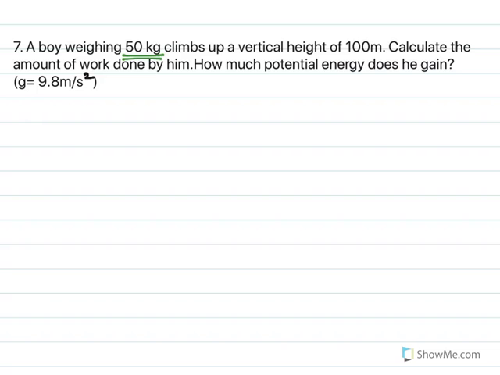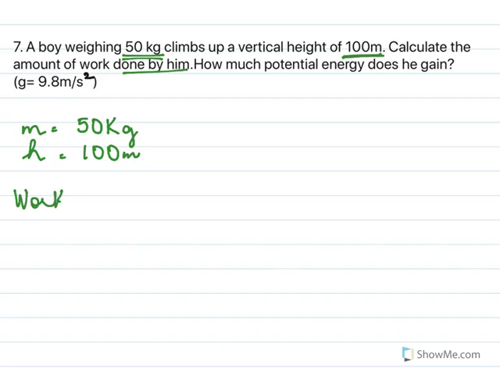A body weighing 50 kgs, so mass, a boy weighing 50 kg, this is the mass given, climbs up a vertical height of 100 meters, so h is 100 meter. Calculate the amount of work done by him. So work done in lifting an object is force into displacement, and while lifting an object, the force is the weight, work is to be done against the weight, displacement is h.